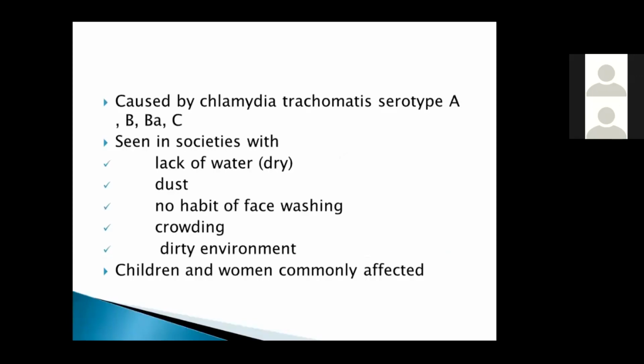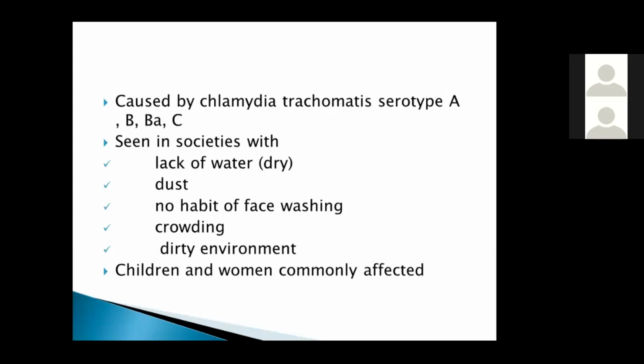Chlamydia trachomatis serotypes A, B, and C are the serotypes that result in trachoma, so it's an infectious disease. It is usually seen in societies with a lack of water, where there is dust, no habit of face washing, and a dirty surrounding environment.